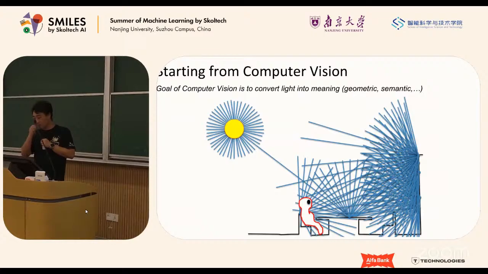So let us start from the broader goal of computer vision. The camera measures light, so the goal of computer vision is to convert those measurements into meaning. That meaning may be semantic, such as recognizing an object, or geometric, such as estimating its position, shape, and motion.